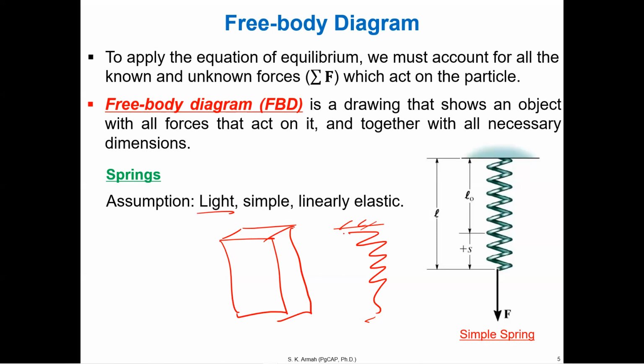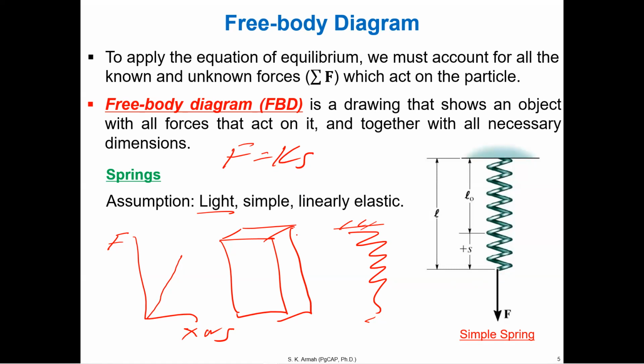Linear, elastic. That is, if you take any spring and keep adding weight or mass, and you measure the force against the extension X, then we assume it's going to be a straight line. And if you remember, the spring force F equals K times extension.